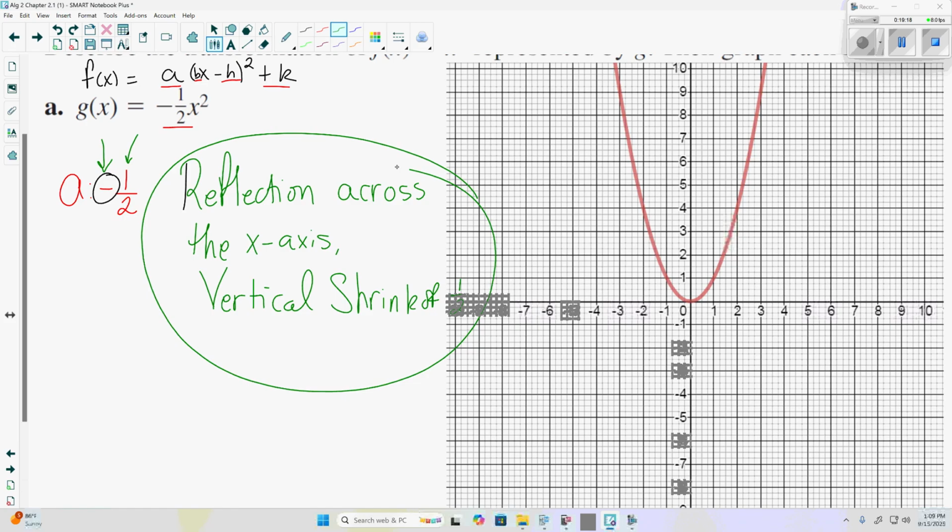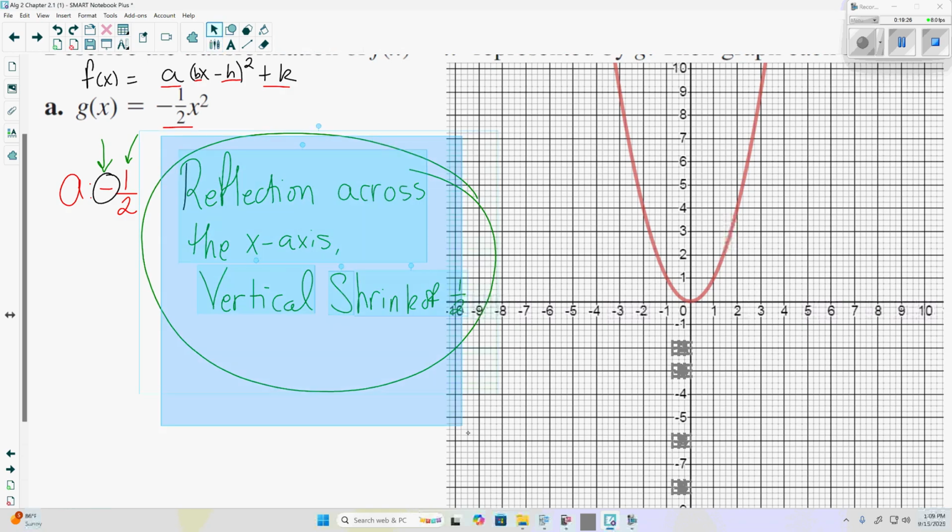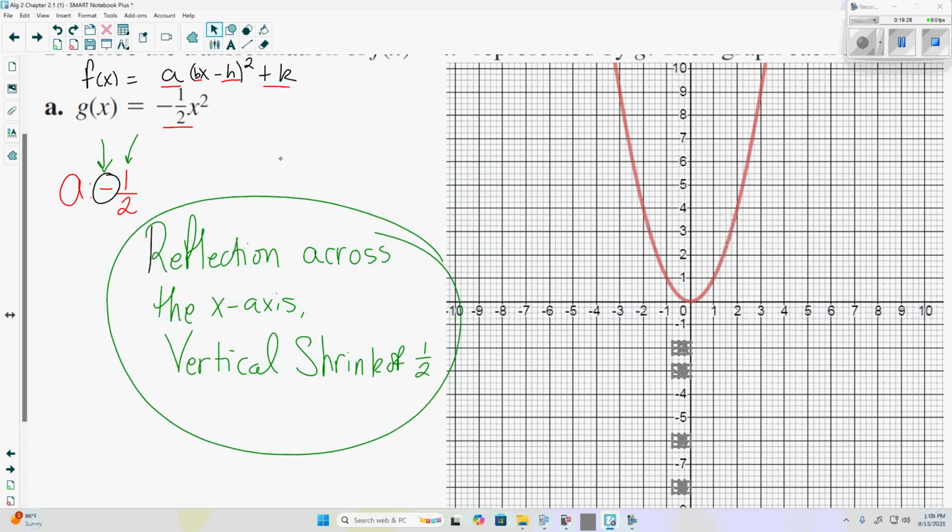So it's a reflection across the x-axis and a vertical shrink of 1/2. And that's it. That's the only transformations that we have. Are you ready for the next one?